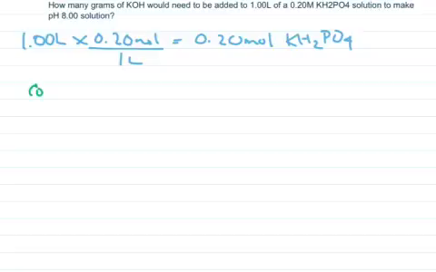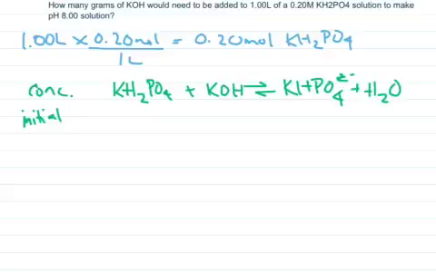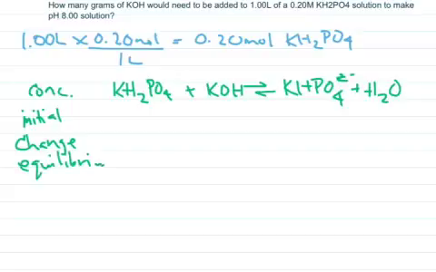Now the next step is to make up that reaction table. So I'm going to have my concentration, my balanced equation, my initial, change, and what happens at equilibrium. Alright, so the first thing we know is our KH2PO4 is initially at 0.20.